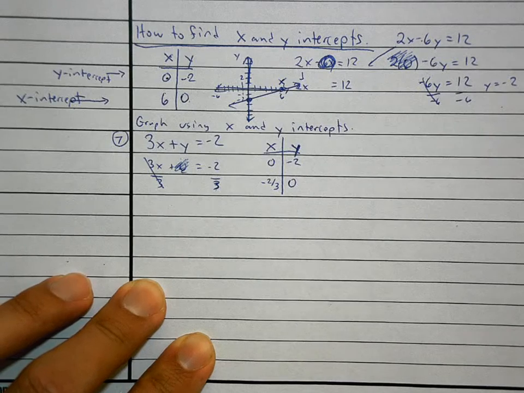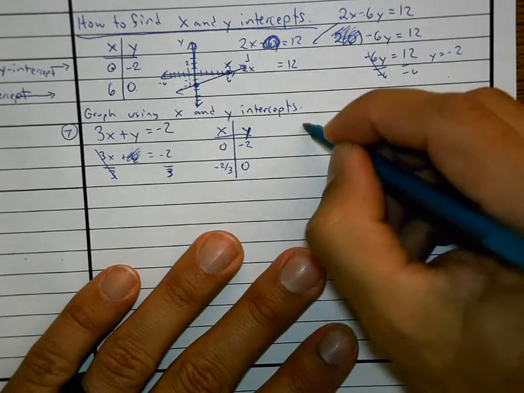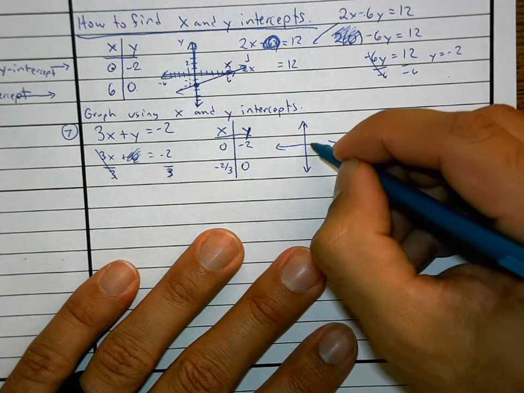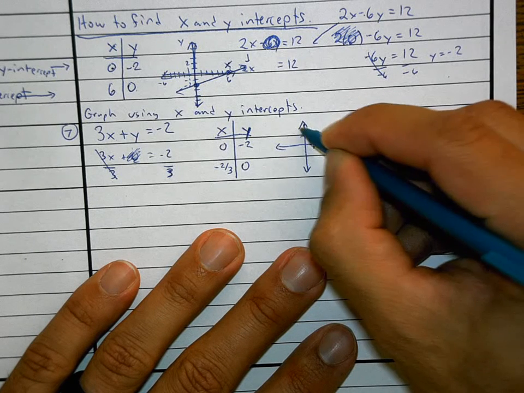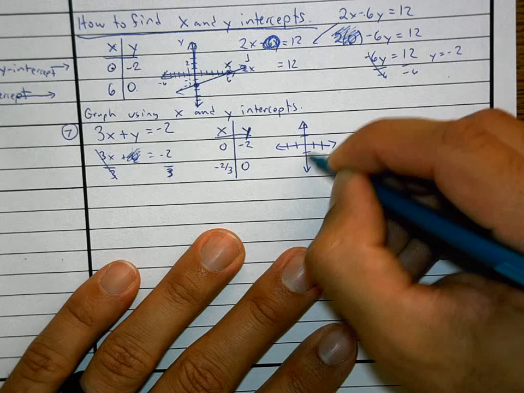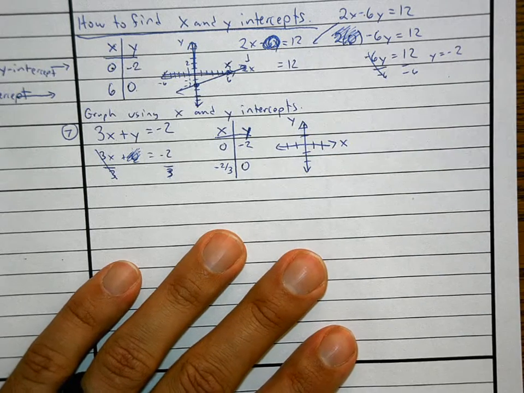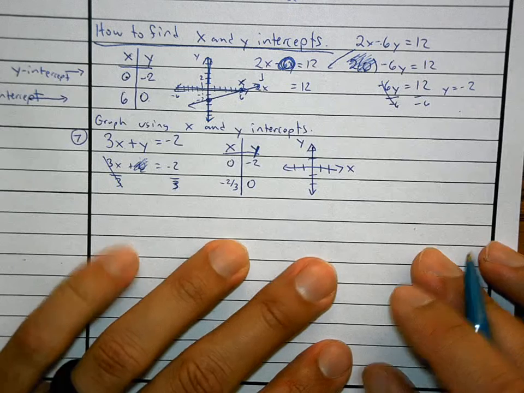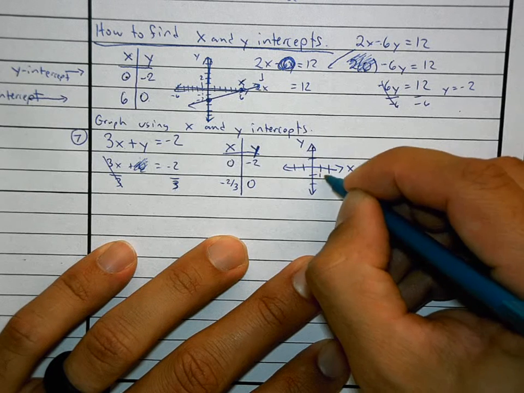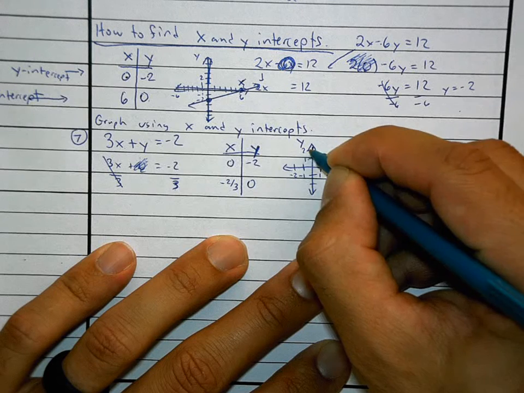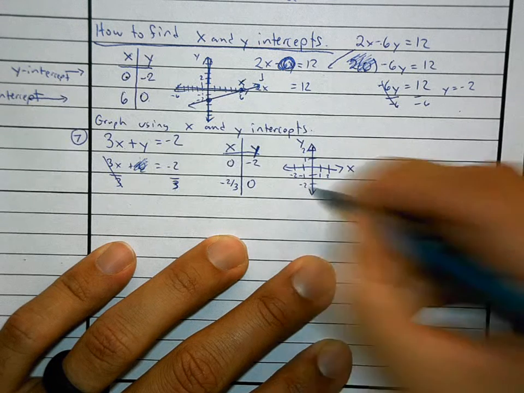Now you got to graph it. I only need 2 spots every single spot. 1, 2, 1, 2, 1, 2, 1, 2. This is my x-axis. This is my y-axis. 1, 2, negative 1, negative 2. 1, 2, negative 1, negative 2.